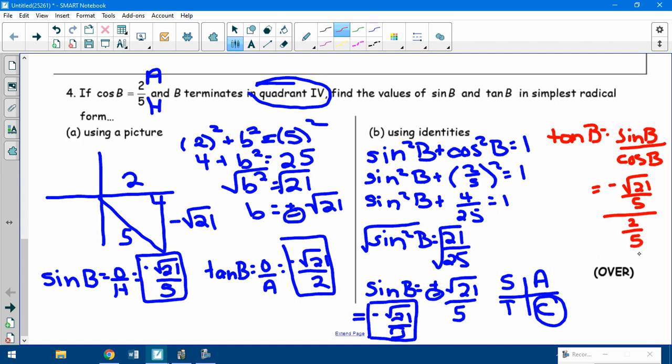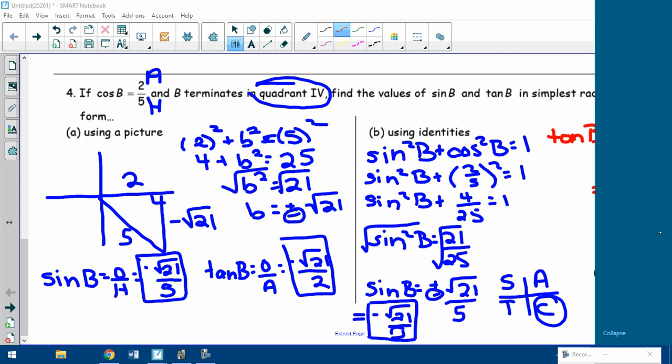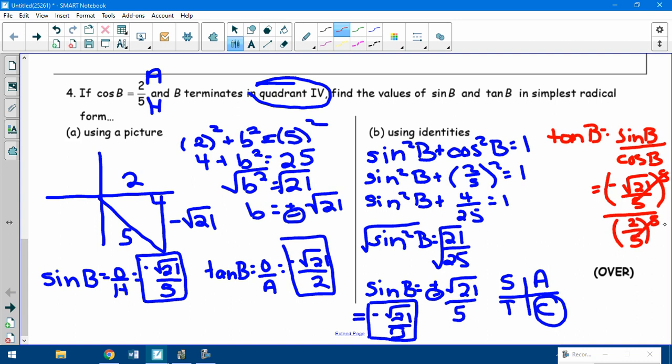We have a complex fraction. The 5's are going to go away because when I multiply top and bottom by 5, they cancel out. And I end up with negative radical 21 over 2, which again matches what I got from the picture. All right, so again, I just feel like the picture way is way simpler, but if it does specify using identities, that's how you would do it.